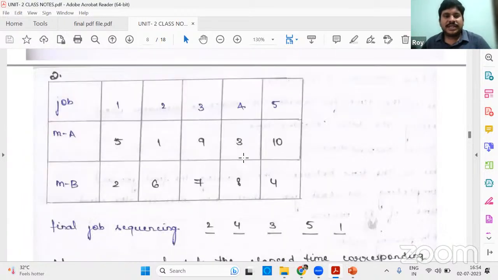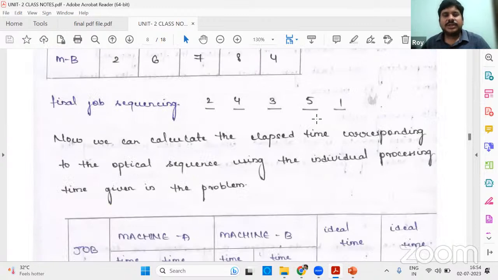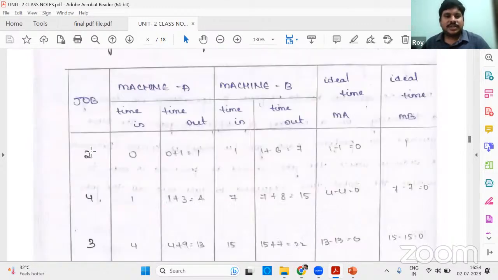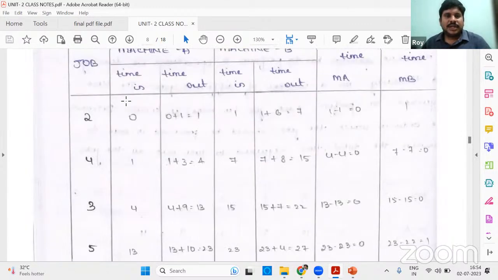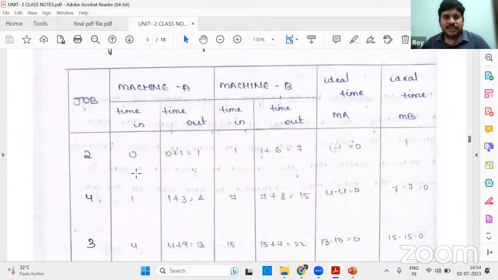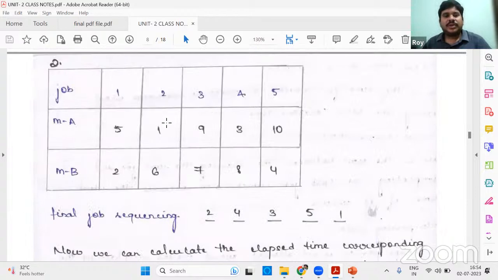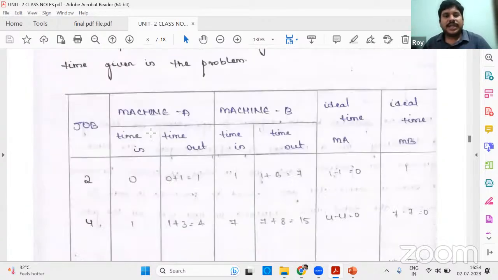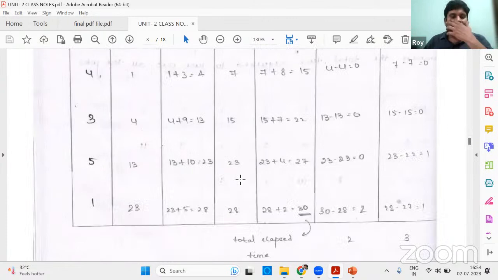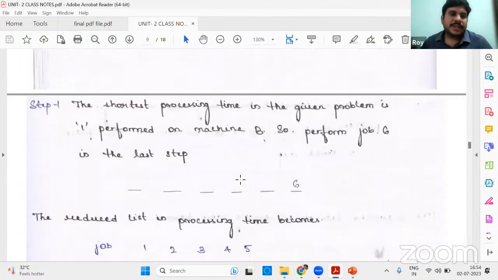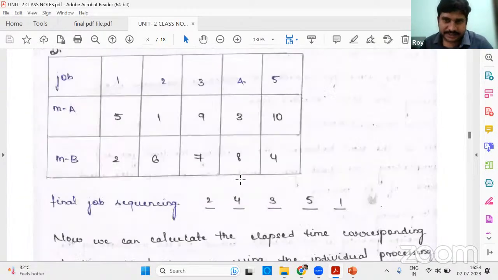I will tell you how to set the order. After setting the order, machine A time will start at 0. And to complete job 2, how much time is taken on A? 1 minute. Like that, we will see in the next class, next Saturday.